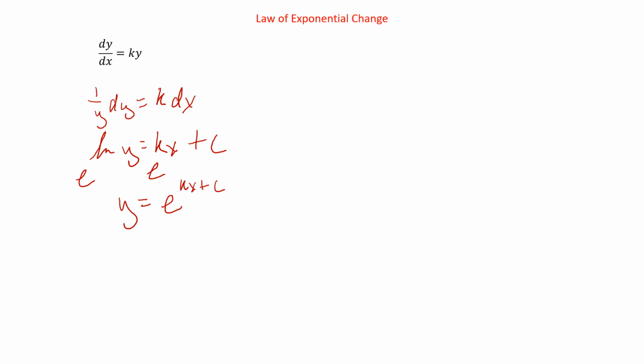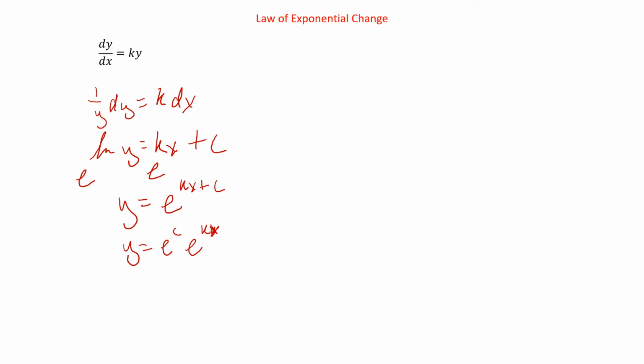We can use some properties of exponents. When we add exponents, that means we're multiplying two things with the same base. So instead of e to the kx plus c, I'm going to switch the order: e to the c times e to the kx.